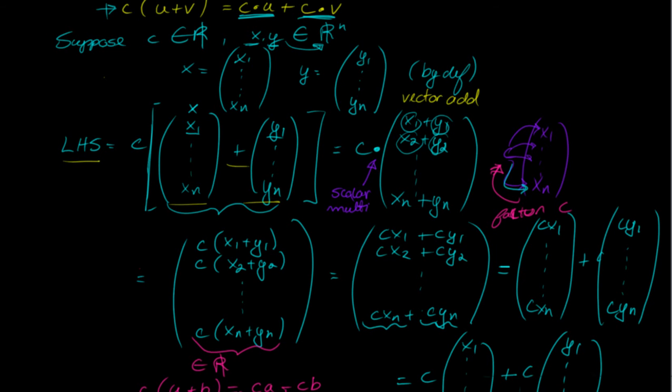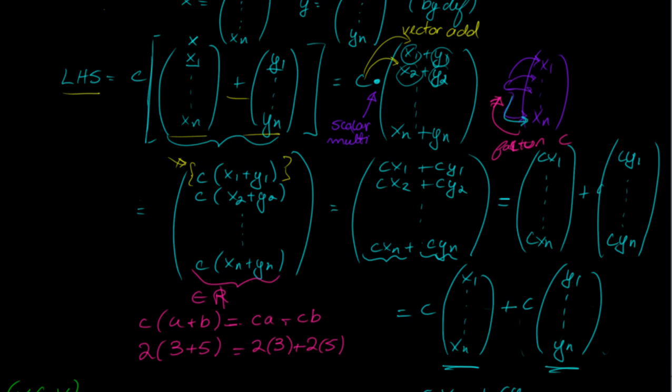And then here I use my definition of scalar multiplication, and so I distribute my c to each component. Then here, this is the key part. The key part is realizing that now it's over R. So I can use the distributivity law in the real numbers that says that c times (a plus b) is equal to ca plus cb. So that's what I do in this step.